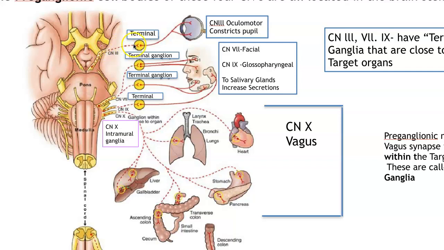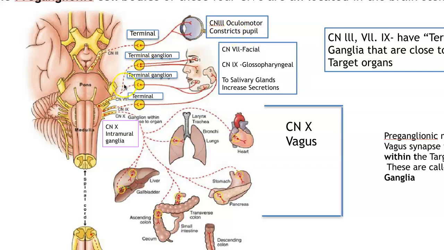It's going to leave cranial nerve 3 and go into a terminal ganglia, and it's going to synapse with the second visceral motor neuron, our postganglionic neuron. And then from there, it will go to its target organ, which is the smooth muscle that controls the pupil, so it's going to constrict the pupil.